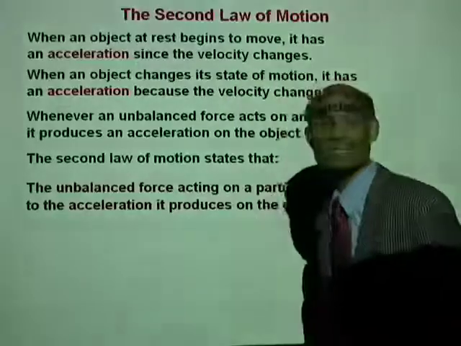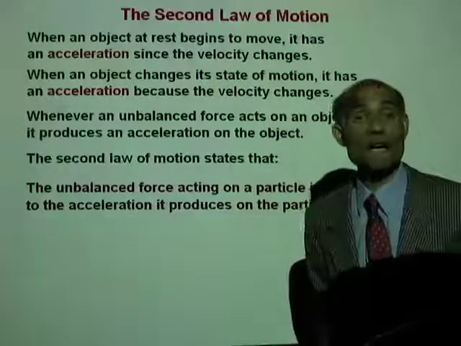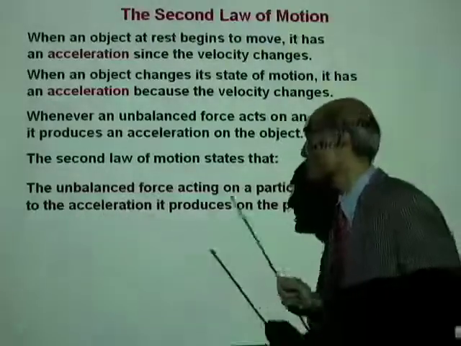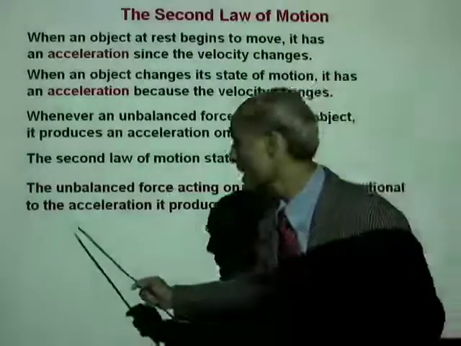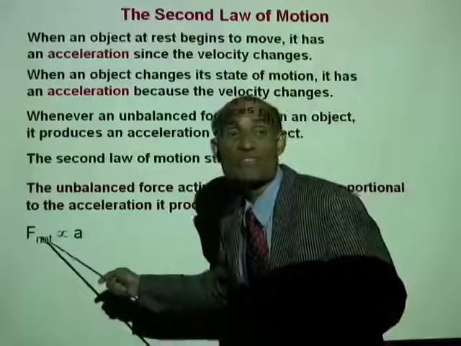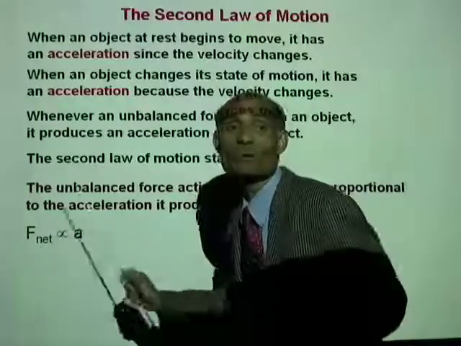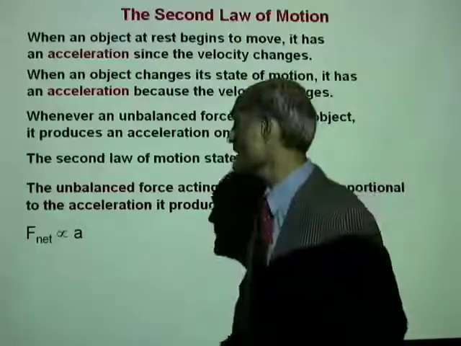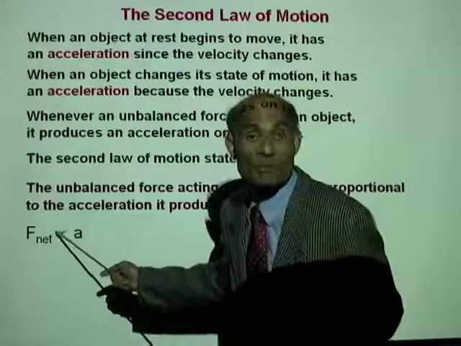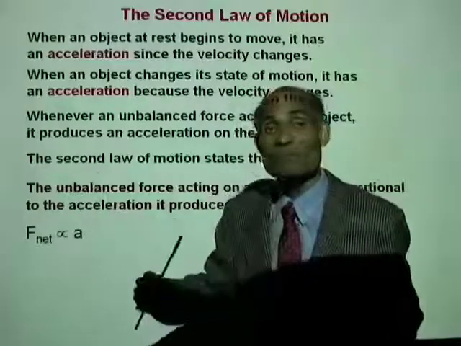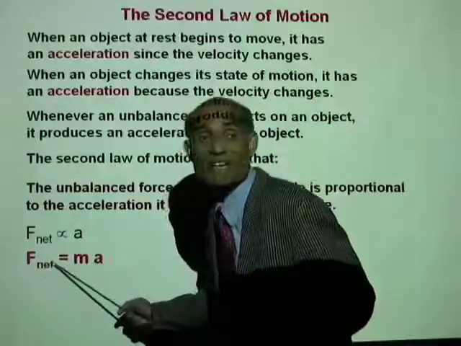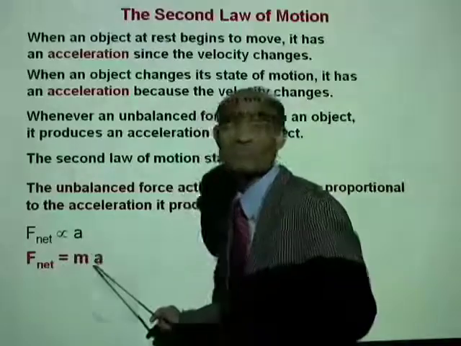So the statement of the second law: the unbalanced force acting on a particle is directly proportional to the acceleration it produces. Can you write down that as a mathematical statement? Yes, F net force is directly proportional to the acceleration a. And you know that whenever we make a statement like this in physics, the proportional sign can be replaced by an equal sign, and so you can say F net equal to a constant times the acceleration.